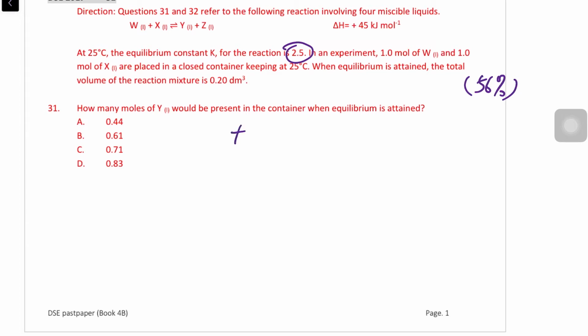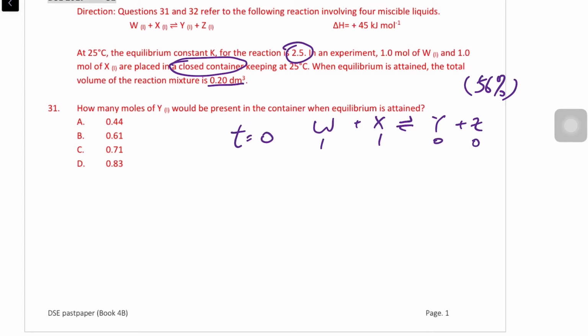So in the starting, at t equals 0, we have W, X, Y and Z. Now this is a closed container, so what is the volume? It is 0.2. So at time equal to 0, X is 1 and no Y and Z.